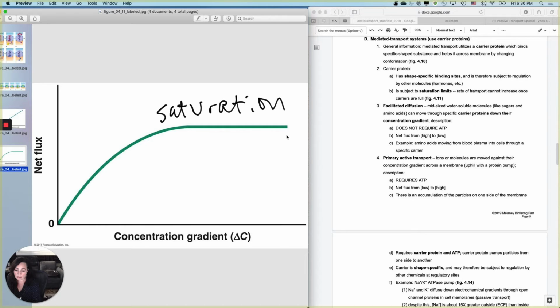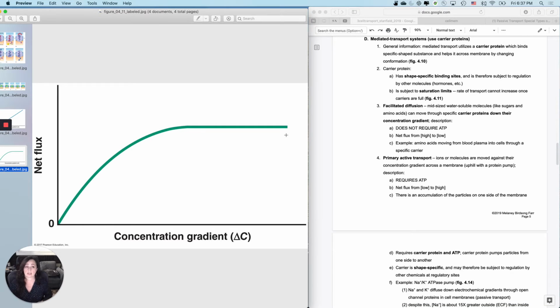What's really going on right there is, if I had 20 carriers for the thing that I was trying to carry and they were all full, it would really limit the rate of transport, the net flux, and you can't go any higher because you don't have any more carriers, even if you got a greater concentration gradient. So anything that's carrier mediated is subject to saturation limits. So the rate of transport can't increase once all the carriers are full. It's not going to trash the transport rate. It's just going to hit a limit.